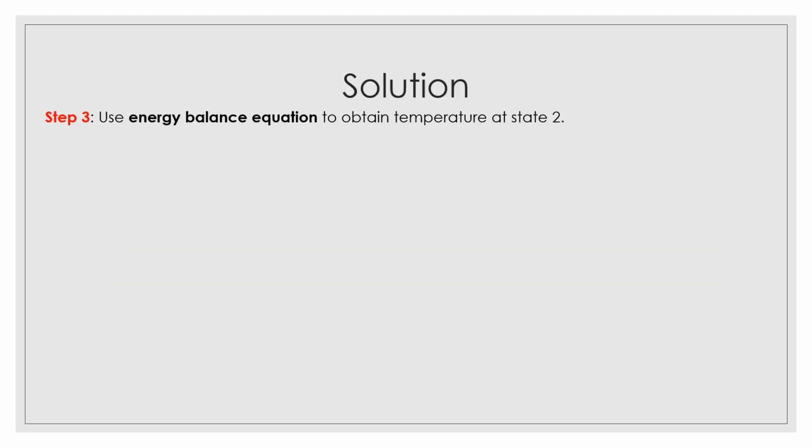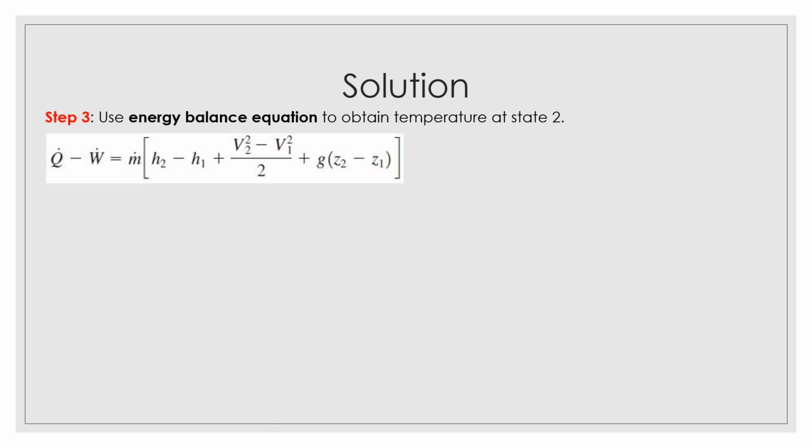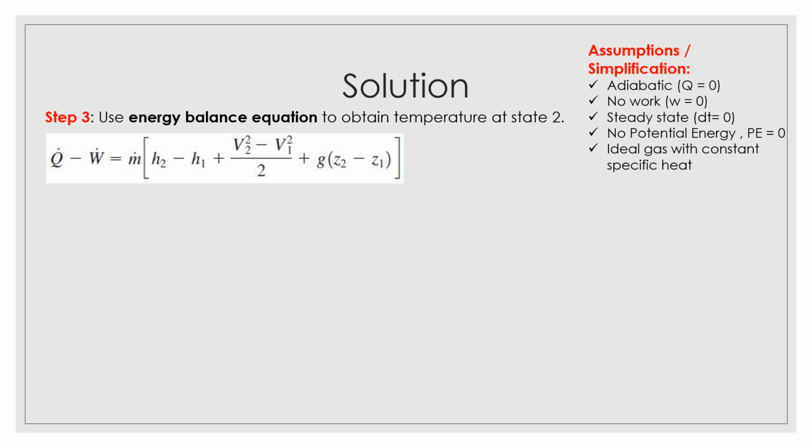Step 3, use the energy balance equation to obtain the temperature at state 2. We continue to obtain the temperature at state 2 by using the governing equation for the open system. Based on the question, we obtain this information so that it can assist us to simplify the equation. So have a look. Q equal to 0 because the system is adiabatic.